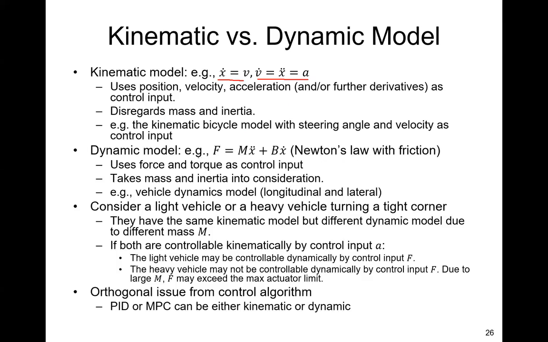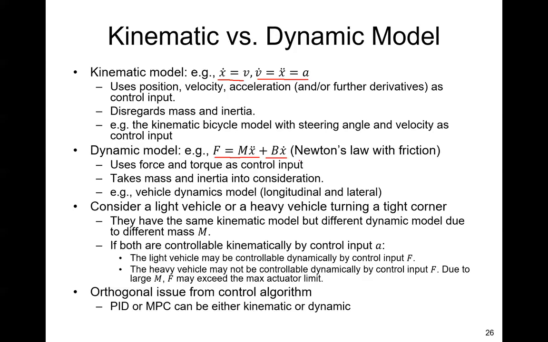The dynamic model is essentially Newton's law. Mass times acceleration is force plus a possible friction term, which is proportional to velocity. Think of a block sliding on the floor.